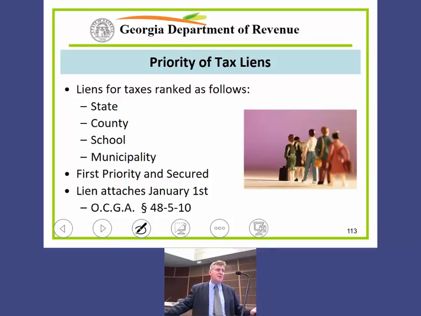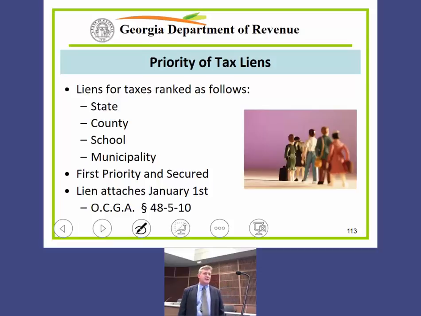And the lien for property taxes in Georgia attaches January 1st. The lien attaches to the property on January 1st of the current year. Remember, it's the value on January 1st that we're shooting for to base the tax assessment on.